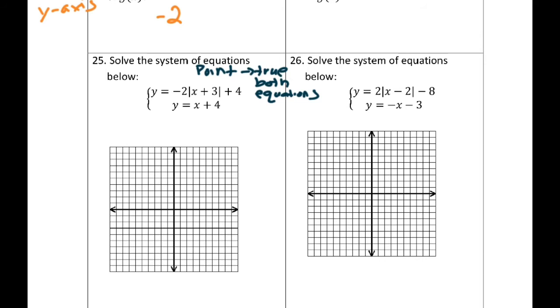So let's focus on the -2 absolute value of x plus 3 plus 4. This is a V-shaped graph that has gone left 3 and up 4. So I go left 3 and up 4, and I make my vertex point.